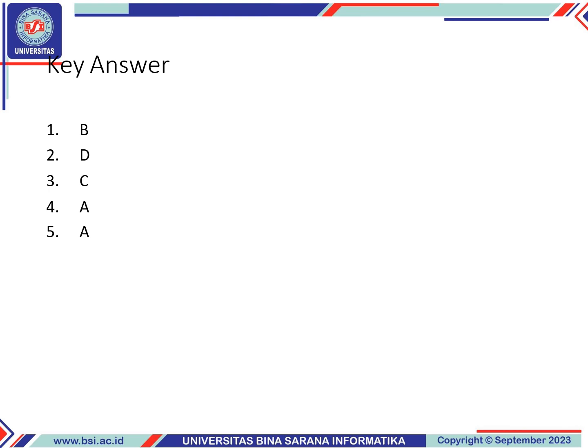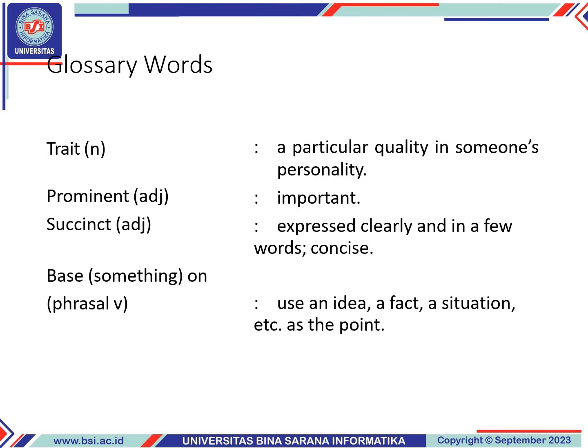Now let's see the list of terms used in the story. Now let's see the glossary words in the story. There are three. Trait, noun: a particular quality in someone's personality. And there is prominent, adjective: important.